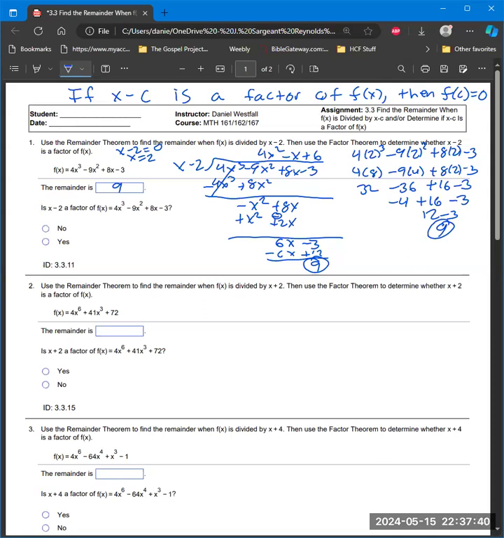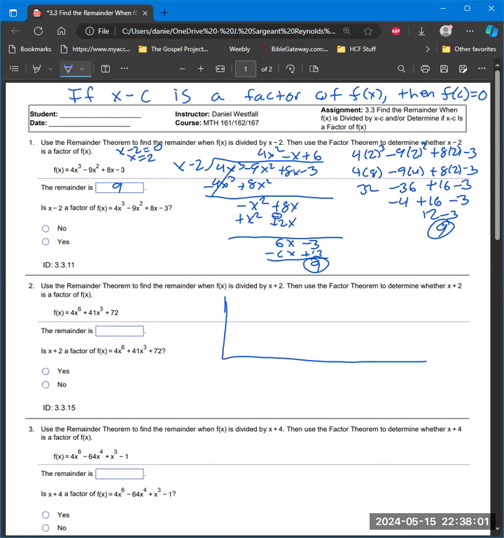So sometimes long division is going to be okay. There's also another technique that's called synthetic division. We're going to talk about it a little bit later in the course, but I'll show it to you now.